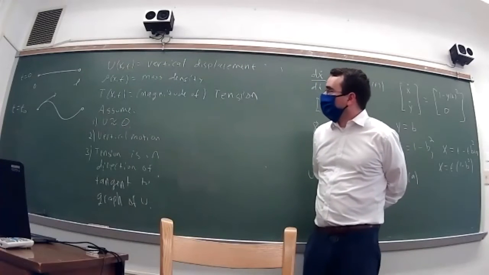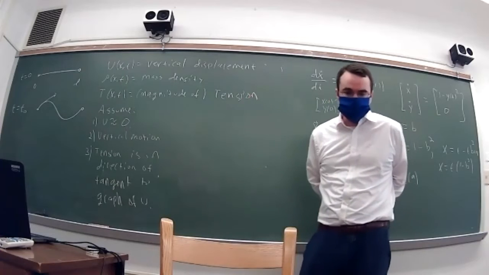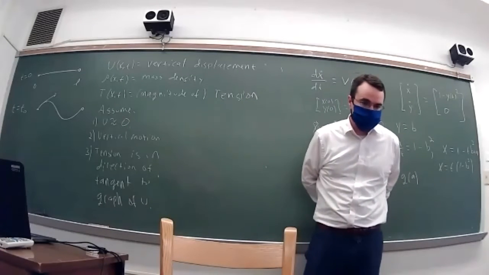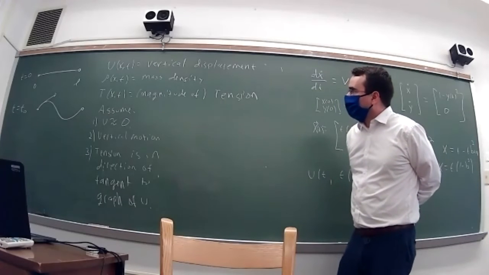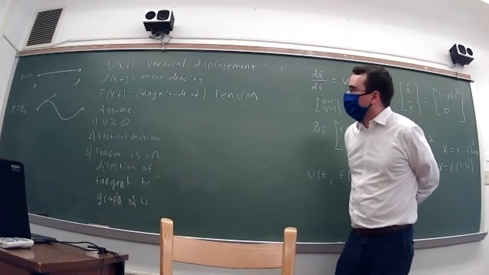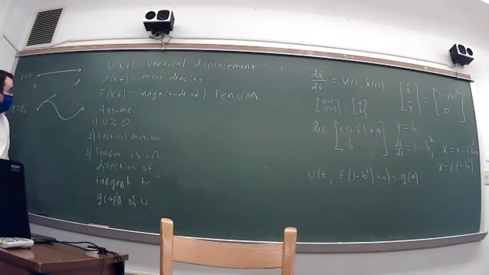And so this T has units of force, so that's like kilograms times meters per second squared. And let's see, let's make up some notation. So let's say maybe take this left endpoint as 0, 0 on the plane.